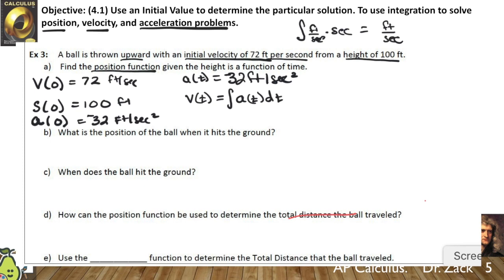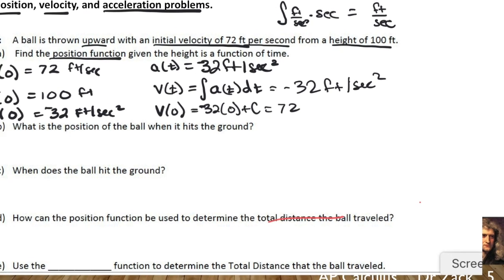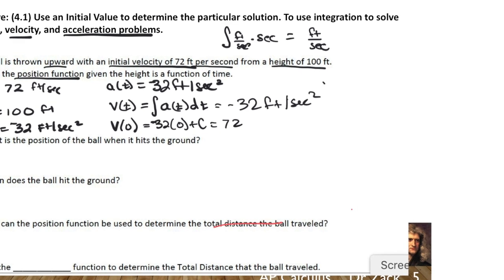And in this problem, that's going to be negative 32 feet per second squared. Unfortunately for us, we know that the velocity at 0 is equal to 72. So v at 0 is negative 32 times 0 plus some sort of constant, which must be equal to 72. That tells us that our velocity equation, v of t, is equal to negative 32t plus 72.